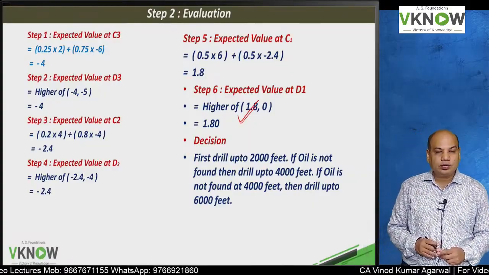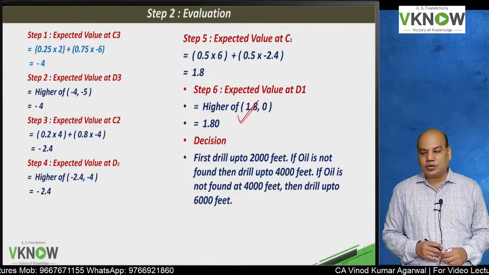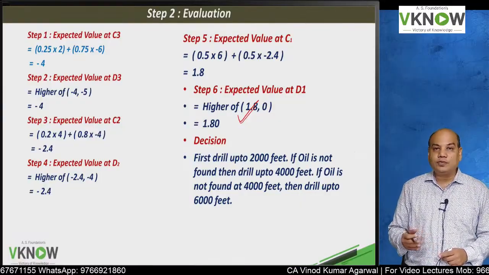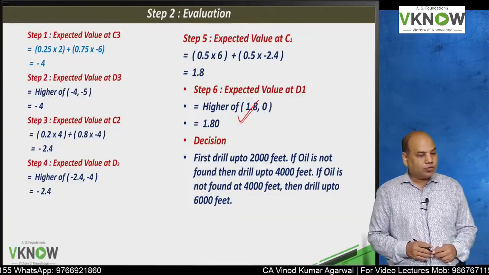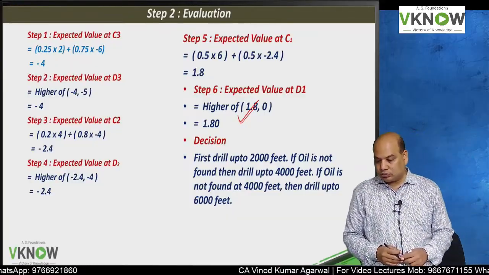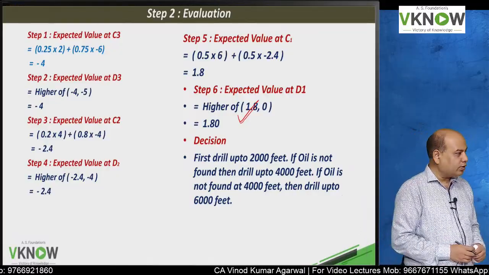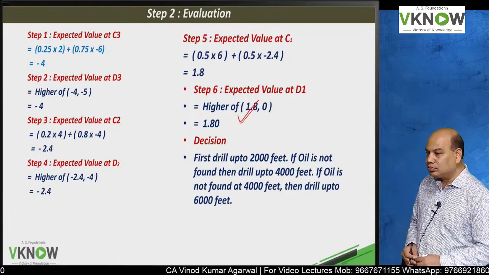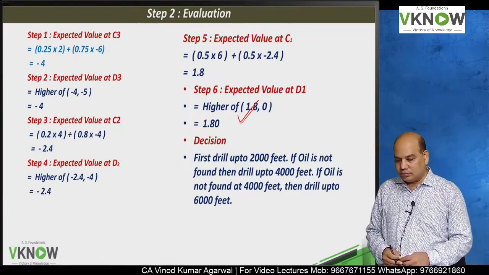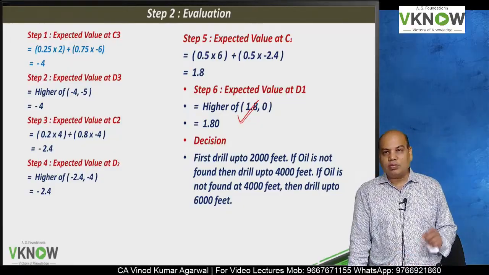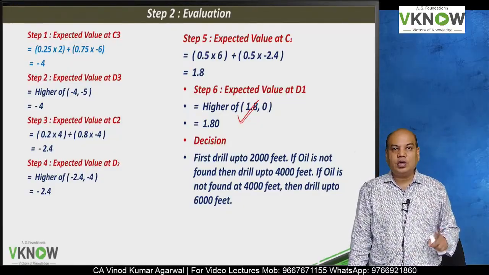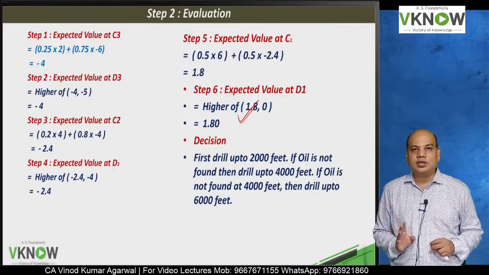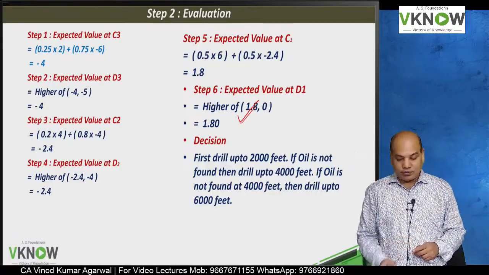If oil is not found at 4000 feet, then drill up to 6000 feet. This is my decision for this question, and mark this question and the previous question very, very important. Don't be surprised if it is asked in the upcoming exam.